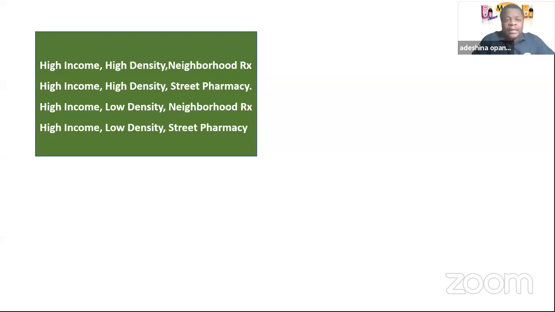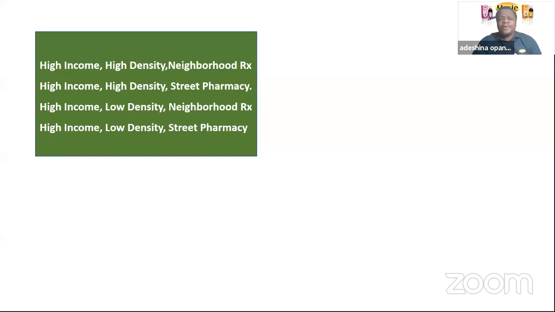Another area, and so if I look at the high income, high density streets, I'm looking at an Adeola Odeku, I'm looking at an Allen Avenue. The businesses there are high profile businesses, and it's a high density area. The next one is a high income, low density neighborhood pharmacy.